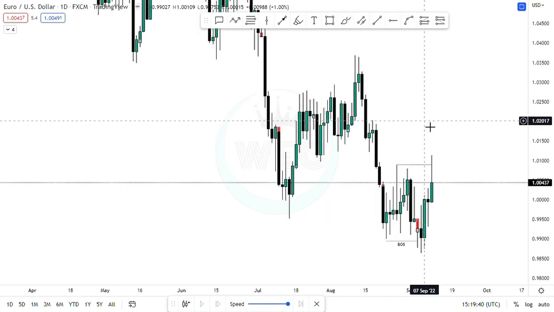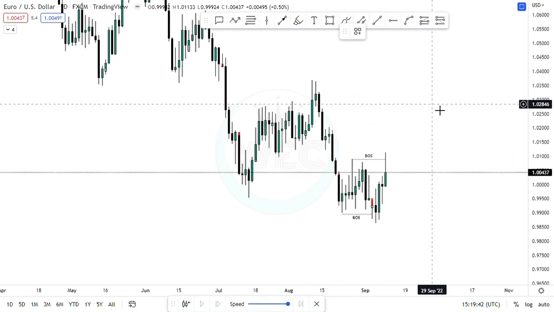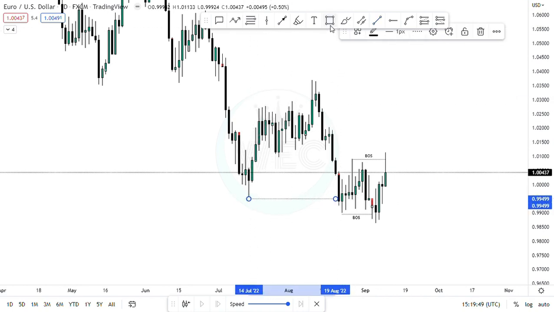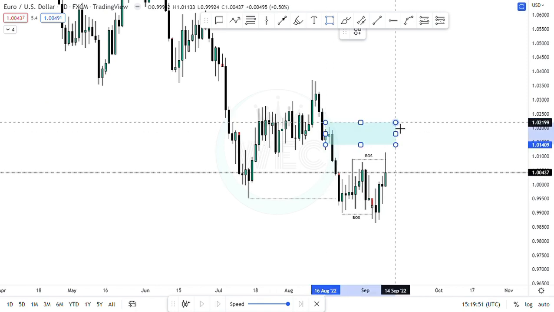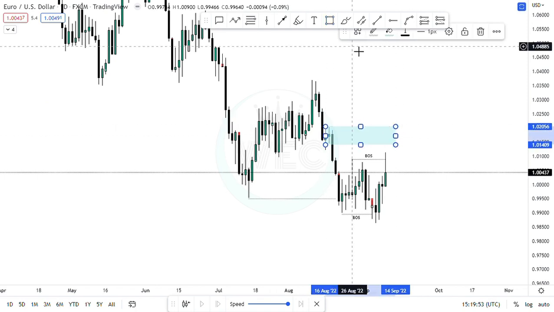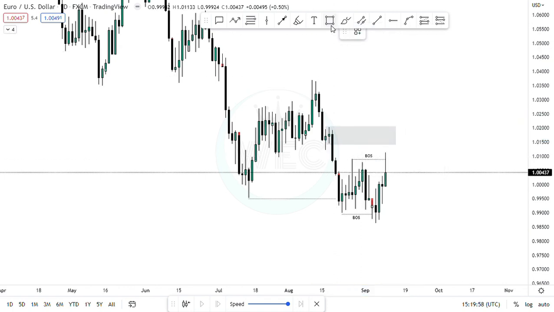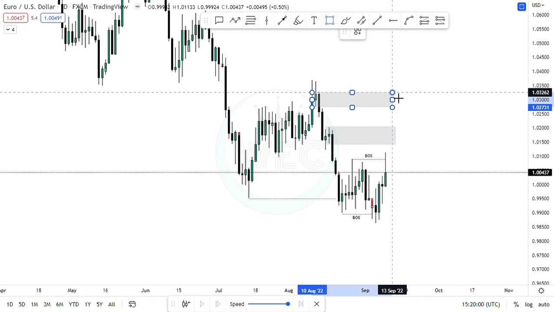Before I step into H4, you're going to see that this previous low was actually taken out by this other block right in here. So I'm going to mark this and I'll be showing you what I think price will be doing. I have these two other blocks right in here.